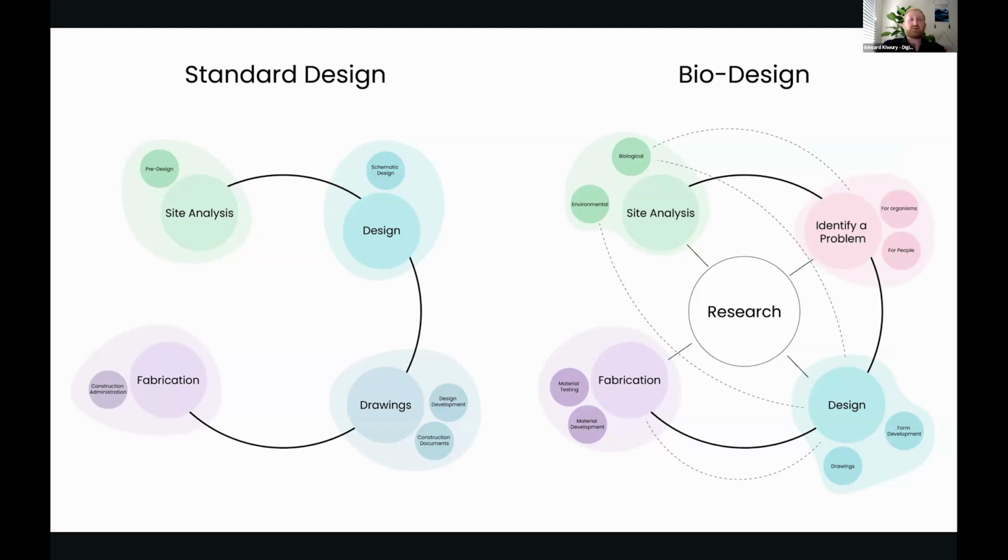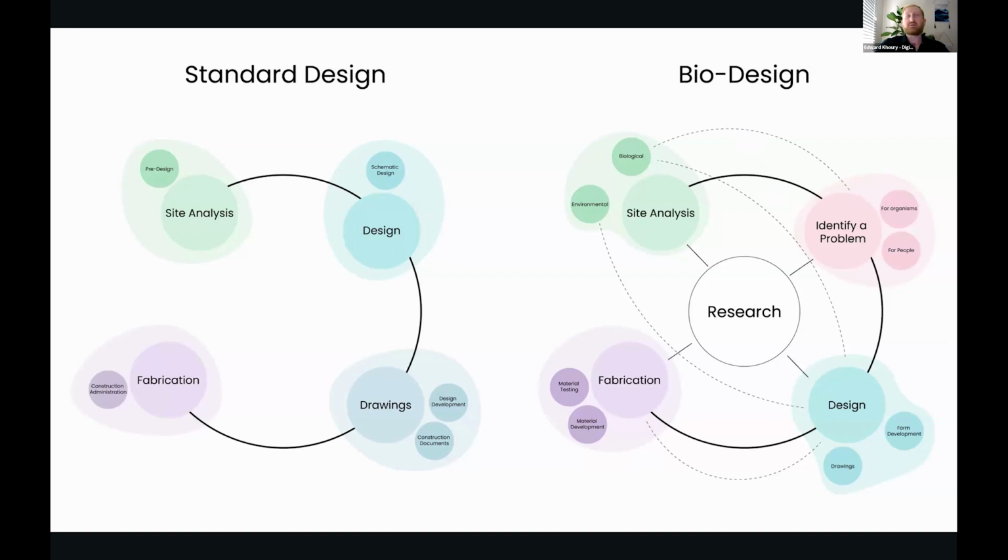But once you get past that point, for the rest of the process, through schematic design all the way to construction administration, the drawings are the main focus. The materials are never a discussion. They're expected, they're understood, and they don't consider living organisms on the site.